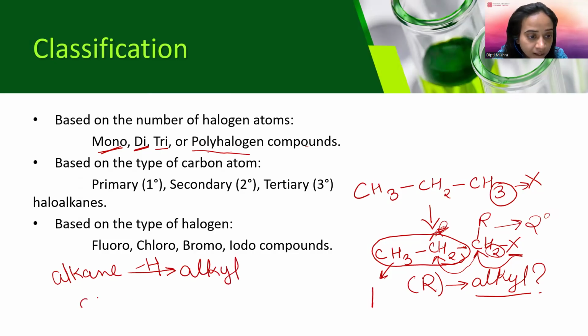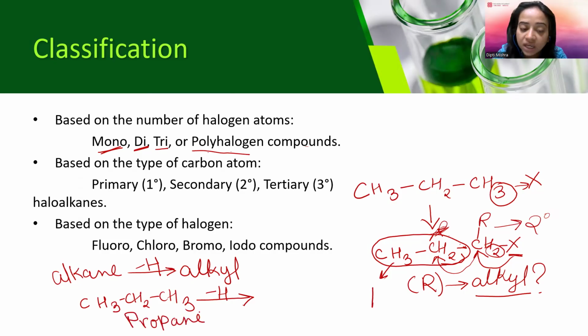For example, CH3, CH2, CH3 is the normal alkane chain, propane. Clear? We know the IUPAC name is propane because three carbon atoms are there. If you replace one hydrogen, it will become CH3, CH2, then CH2. This is known as propyl. Basically, it is an alkyl group.